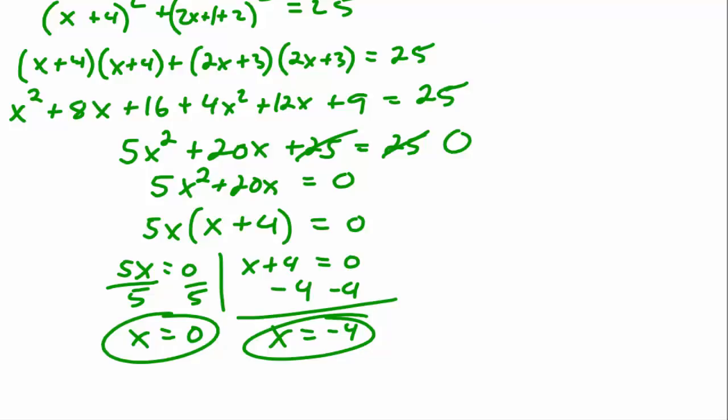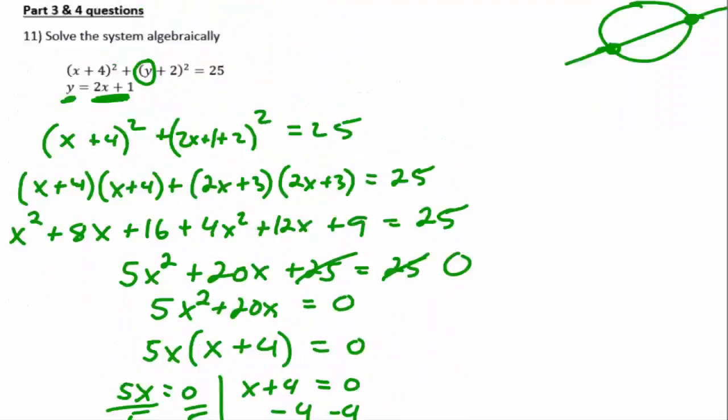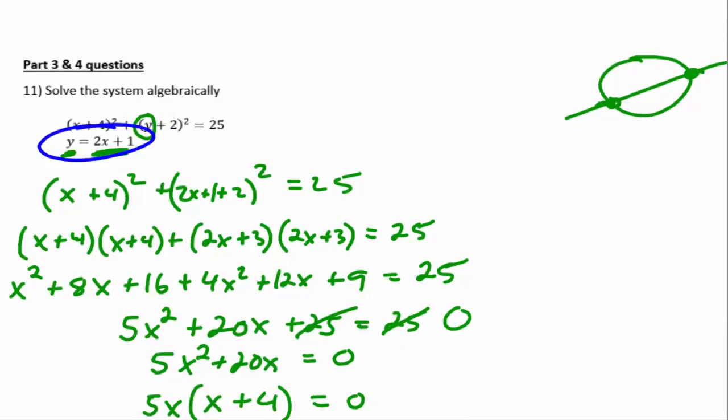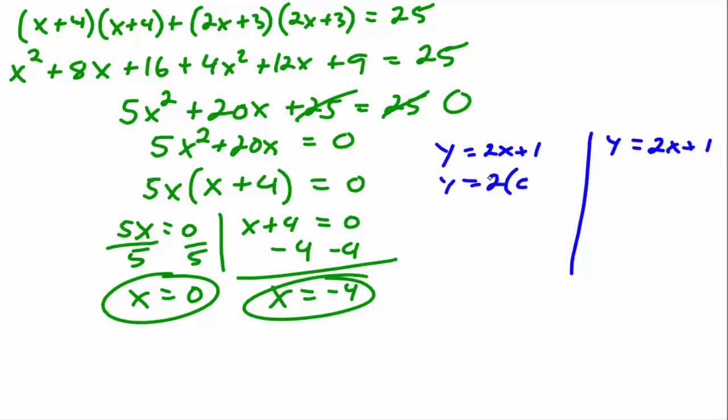Now I'm going to go over here and find my y's. Well, I already know that y equals 2x plus 1, so I'm going to use that. I know that x is 0. y equals 2 times 0 plus 1. y equals 1. y equals 2 times negative 4 plus 1.